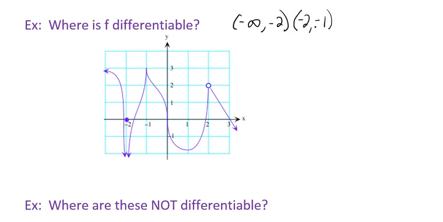Between -1 and 0, it's good. And between 0 and 2, it's good. And after 2, it's good. So it is differentiable in all of these places. It's just not differentiable at those 4 points that have the problems.